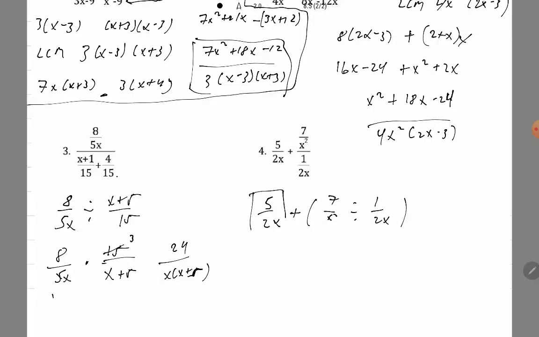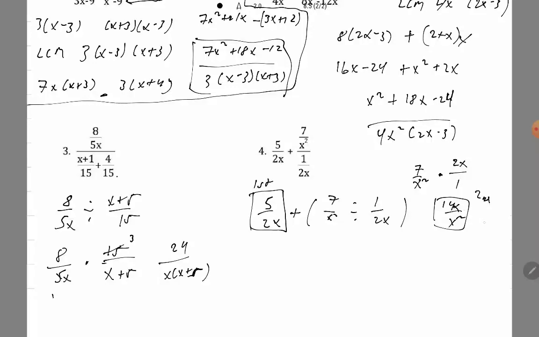So just ignoring this, I'm going to say this is the first fraction. I'm going to do this in parentheses. So remember that's 7 over x squared times 2x over 1. So this becomes 14x over x squared. Okay, this is my second.